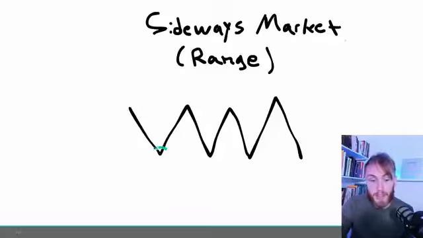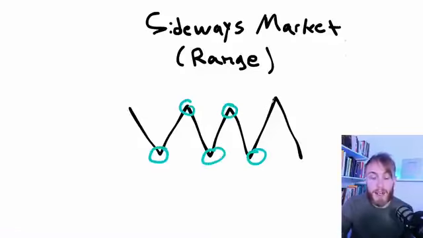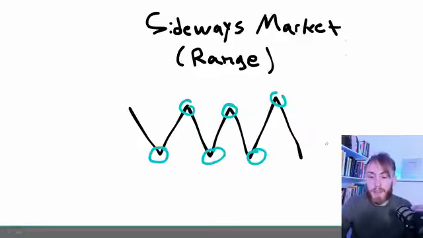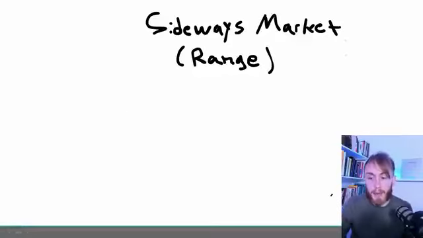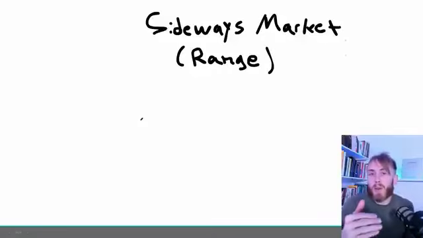So in this example, you can see here that we have lows at the exact same level, and we have highs at pretty much the same level as well. But one thing that is important to notice about these sideways markets is that we actually have multiple versions of sideways markets. All markets that are not uptrends or downtrends are some kinds of sideways markets.